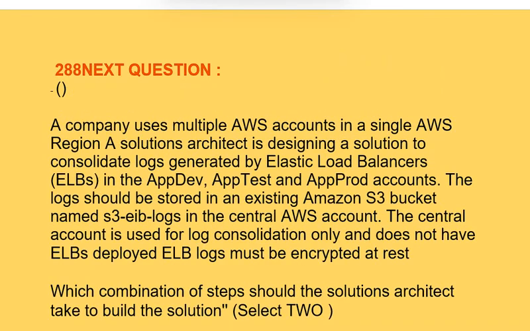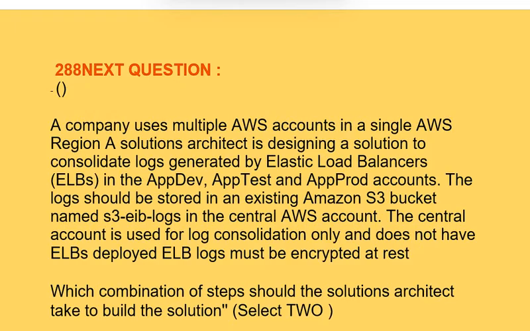Question: a company uses multiple AWS accounts in a single AWS Region. A solutions architect is designing a solution to consolidate logs generated by Elastic Load Balancers, ELBs, in the app-dev, app-test, and app-prod accounts.